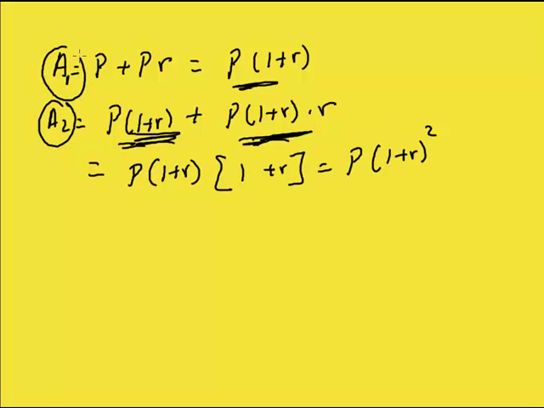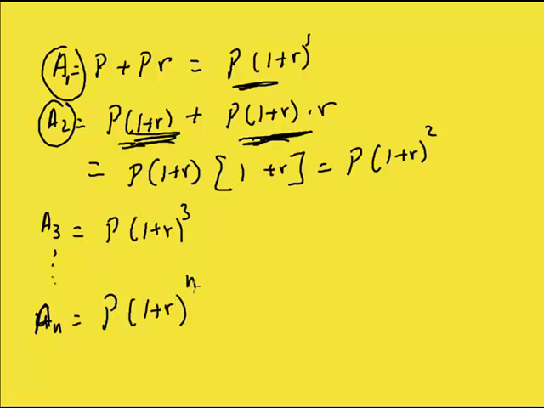At the end of the first year, you're going to have P times 1 plus R to the first. So obviously, if we keep going, at the end of the third year, you're going to have P times 1 plus R to the third, so on and so forth. And at the end of the nth year, A sub n, we're going to have P times 1 plus R to the n. And this is known as the compound interest formula.